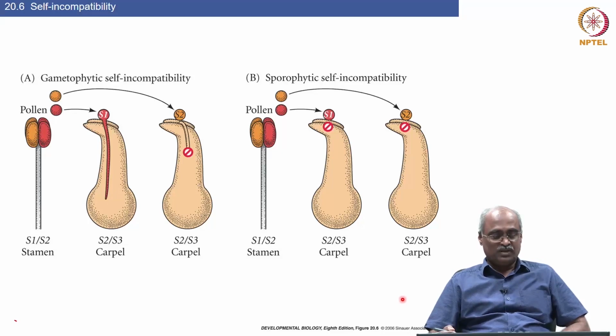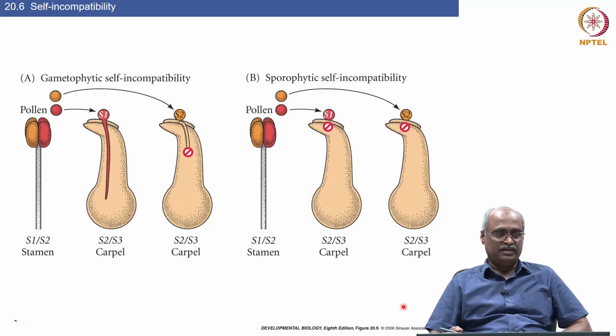To understand pollination, first we try to look at the different kinds of flowers. We saw that in some plants both male and female gametes are made on the same plant, and we call that monoecious, and within that you have perfect flowers, where in the same flower both gametes are made.